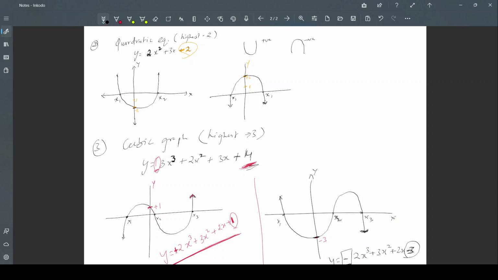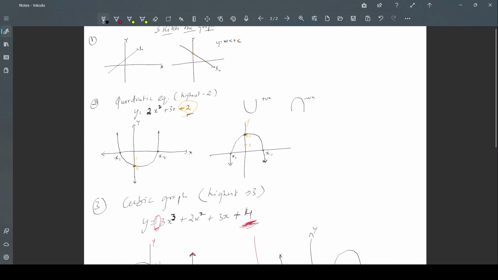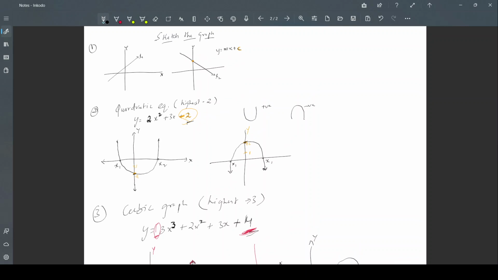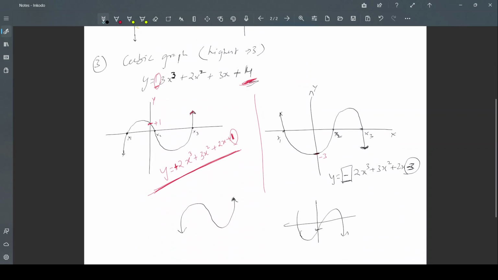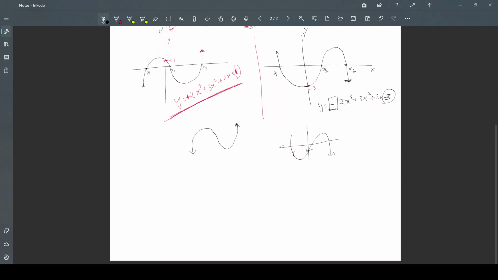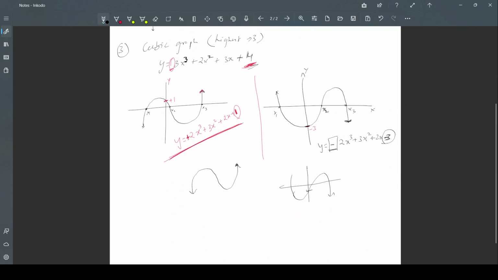The square graph also, wherever it cuts, becomes the value of c. And the same was discussed in the line graph, wherever the line cuts the y-axis will become the point c. We'll be discussing some more graphs, and we'll understand based on that also.